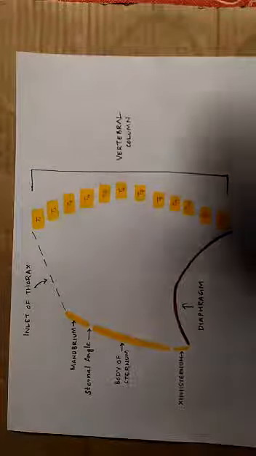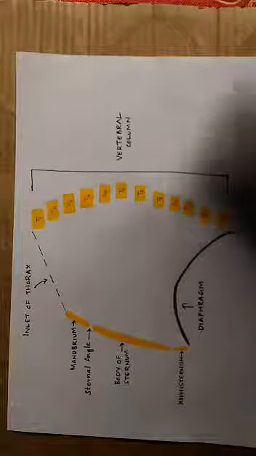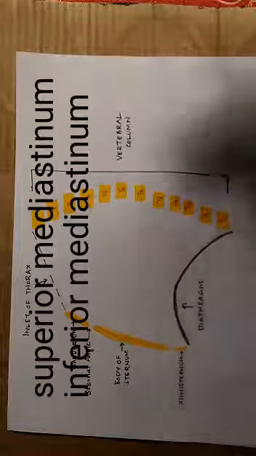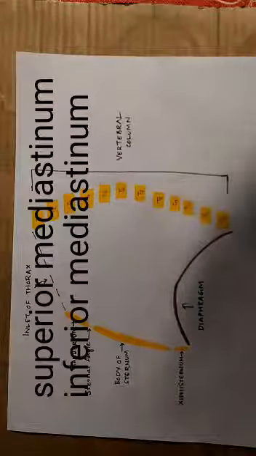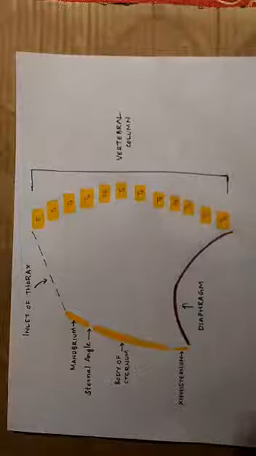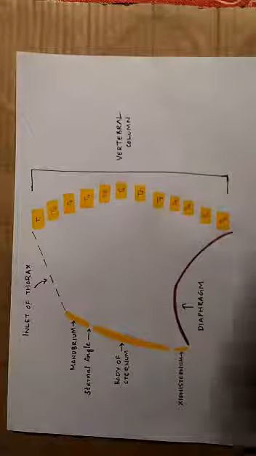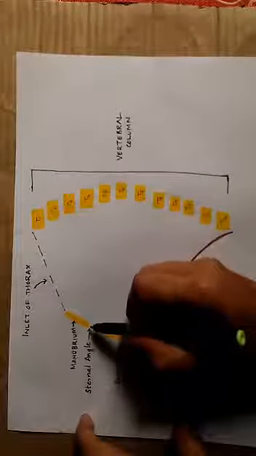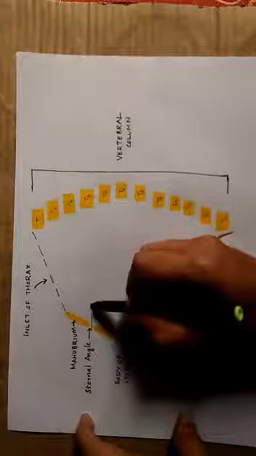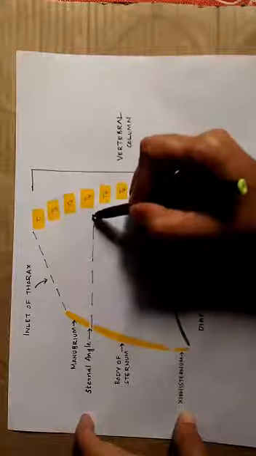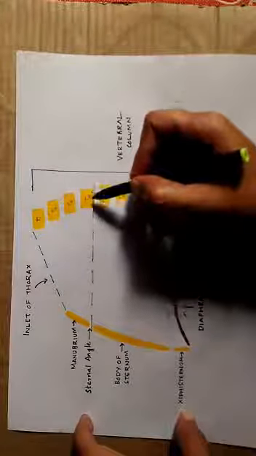And for descriptive purposes, this mediastinum is divided into a superior and inferior mediastinum by an imaginary plane. That imaginary plane extends from the sternal angle in front to the lower border of the body of the 4th thoracic vertebra behind.